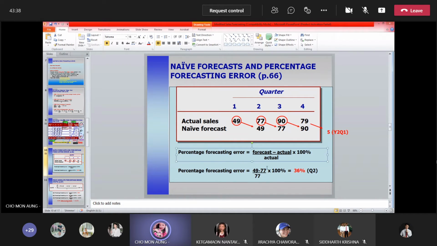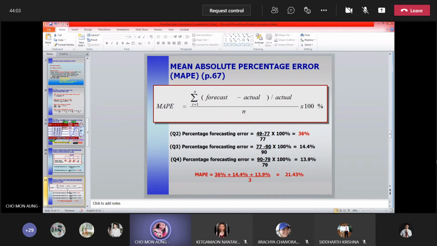Of course, this is the error in terms of percentage, so 35% and 36%. So you see that in quarter two, the forecasting error we make is 36%. That is three in quarter four. We also want to know how many percentage error we make. So when we come to this one, all right? Okay, take that screenshot.